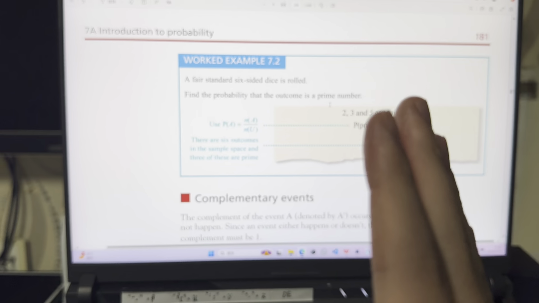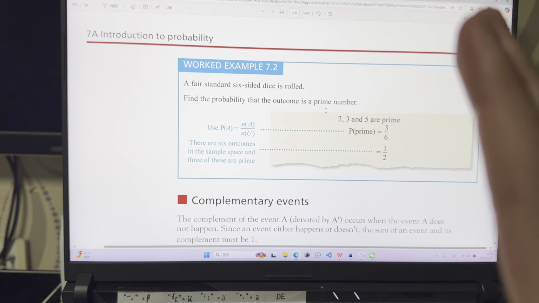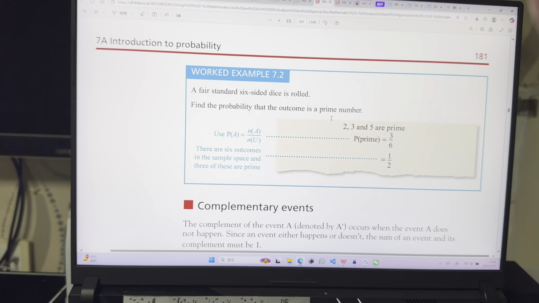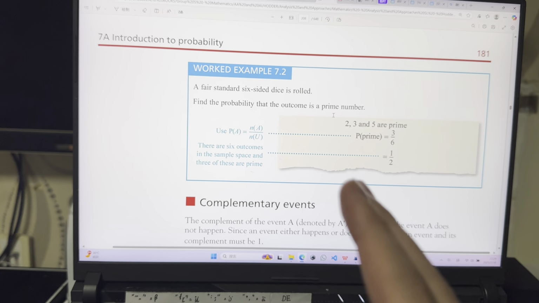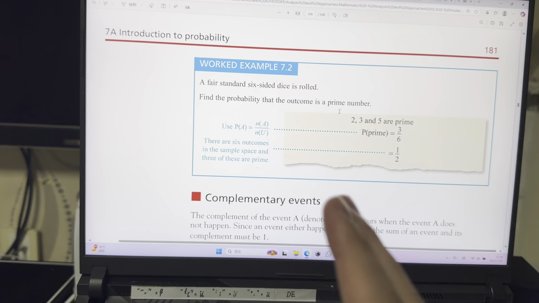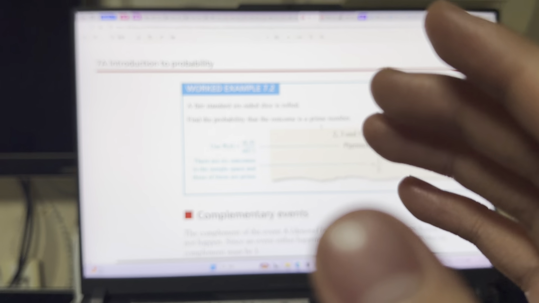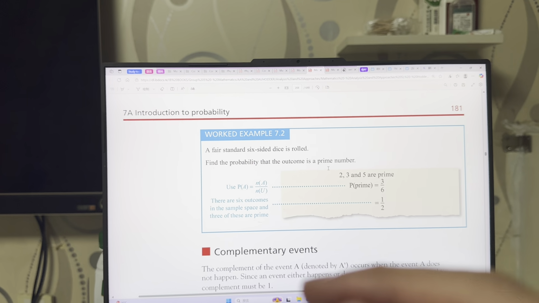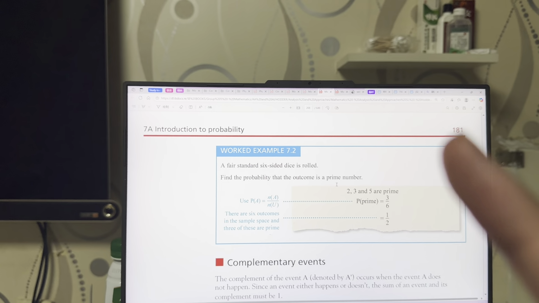Remember, we don't discuss whether 1 is a prime number or not, because the definition of prime number is that the positive integer is more than 1 and only has 2 factors, which are 1 and itself.